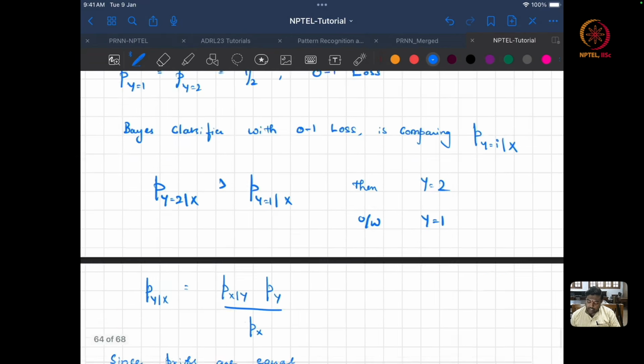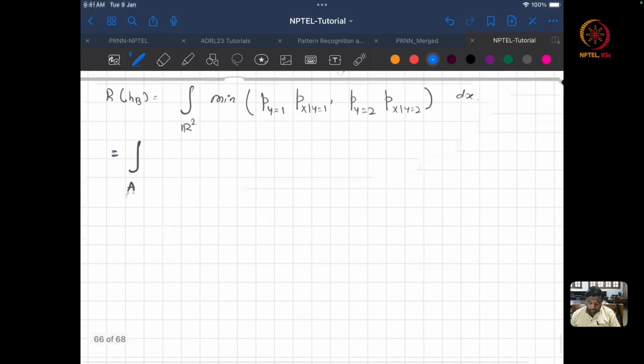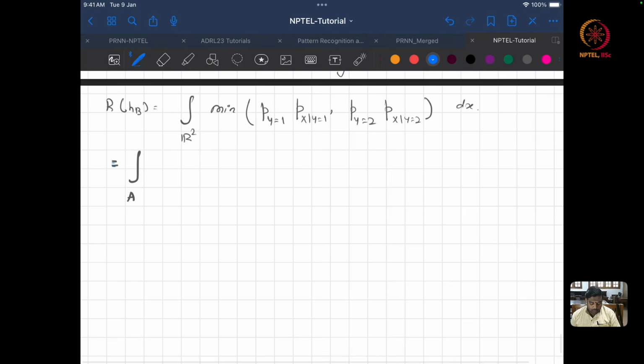This is the common region, which is 2, 3. This is the region that I am considering. This is where the risk actually needs to be computed. So now the integral over region A, plus the integral over region B, plus the integral over region C, plus the integral outside.